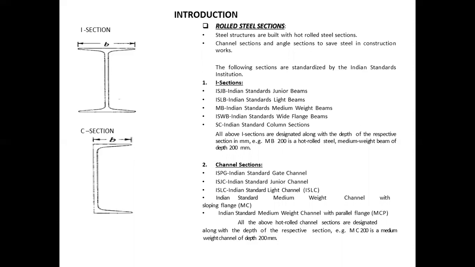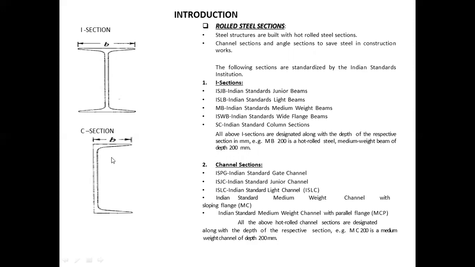Okay, so you can see there many different types of beams and their short forms. The depth of the beam is given in value, in front of the short forms that are used here. Okay, in the sections. So next is channel sections.